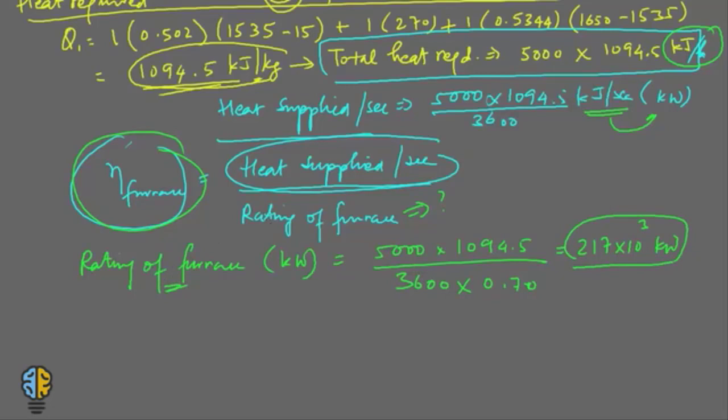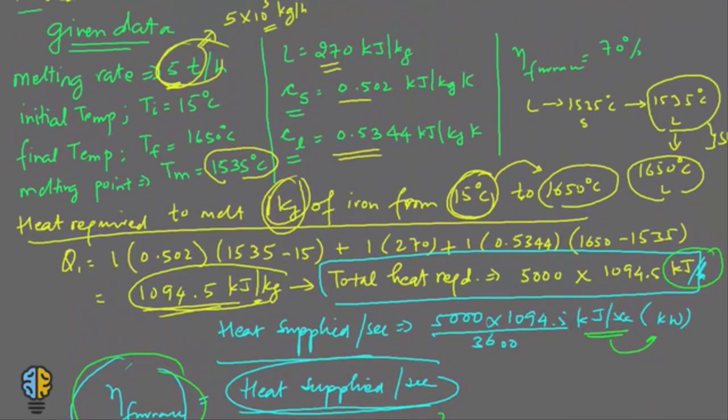So if you look back at the question, you need to start by writing down the data that is given to you, and then you will eventually start solving the question, because you will get an idea of how to proceed and from where to proceed. So this is a standard step that you should follow. And the understanding of the melting process, that is sensible heat from 15 to 1535, then from 1535 to 1535, which is the process of latent heat, and then from 1535 to 1650, which is again sensible heat.